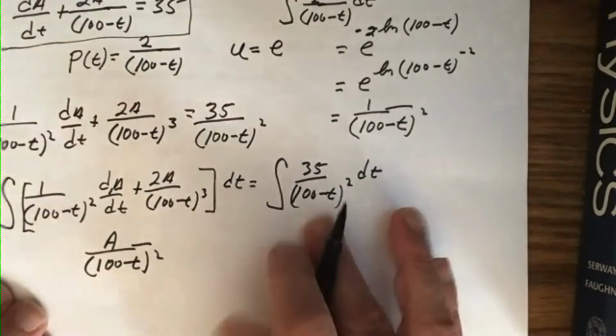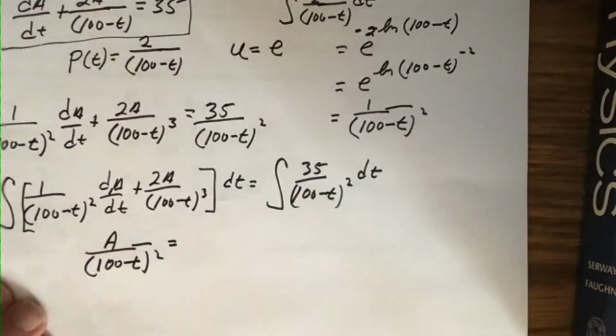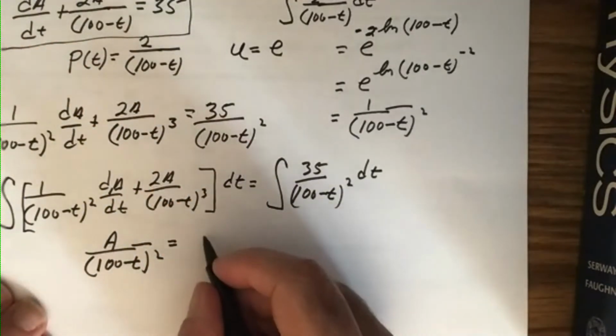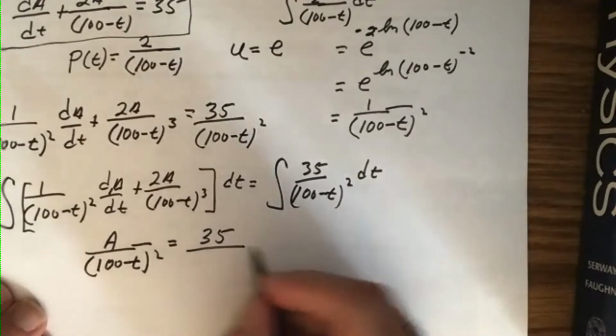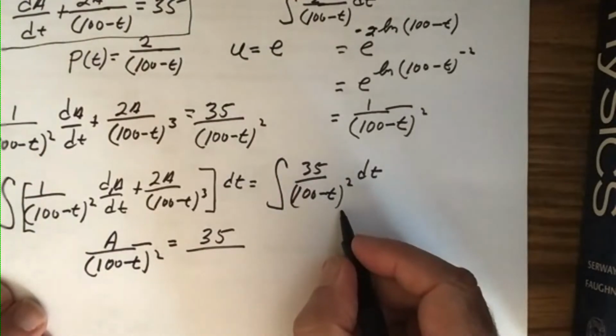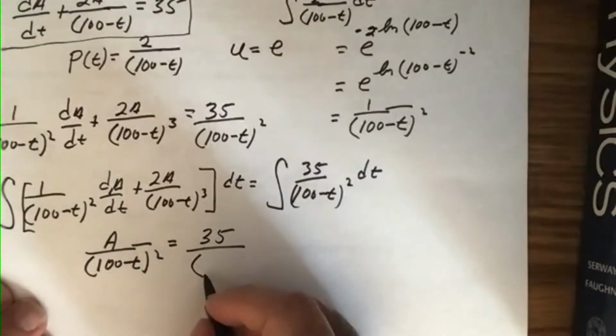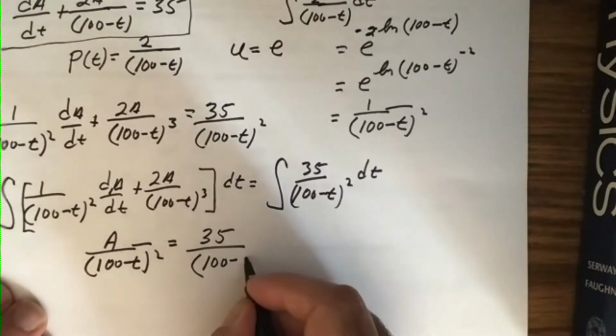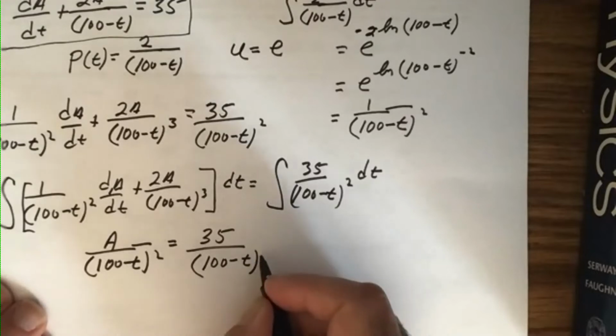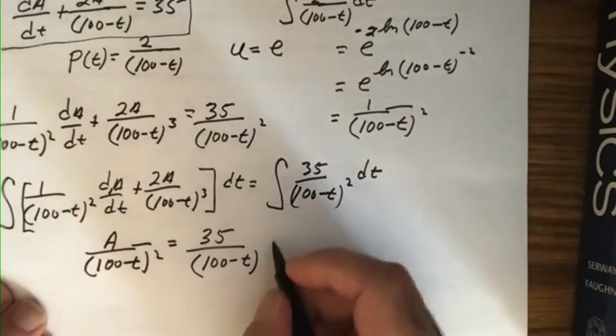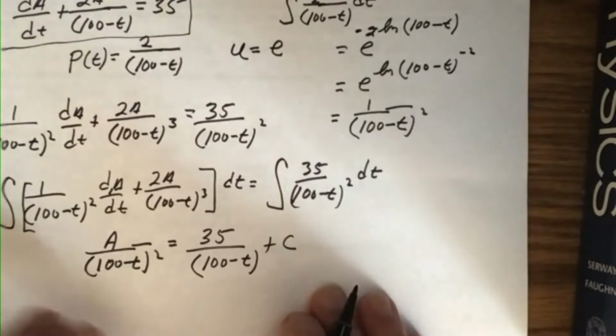And then this integral here, let's see, what's that integral there? This is going to be 35 over 100 minus t plus c. That's what this integral is.